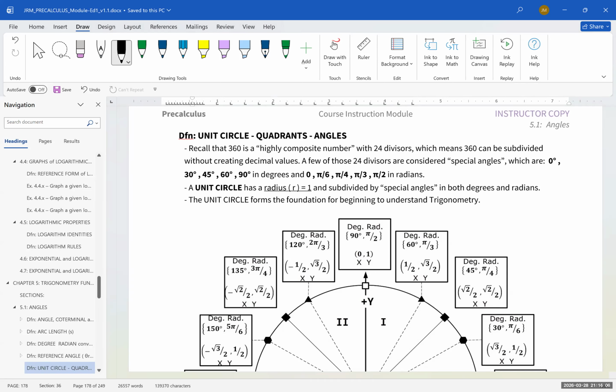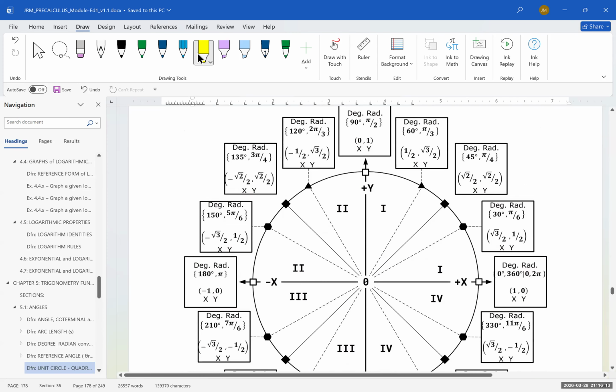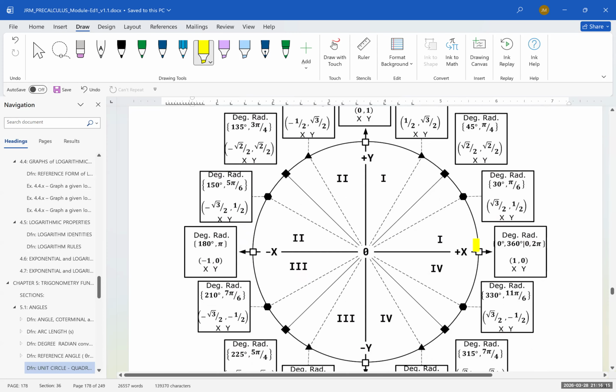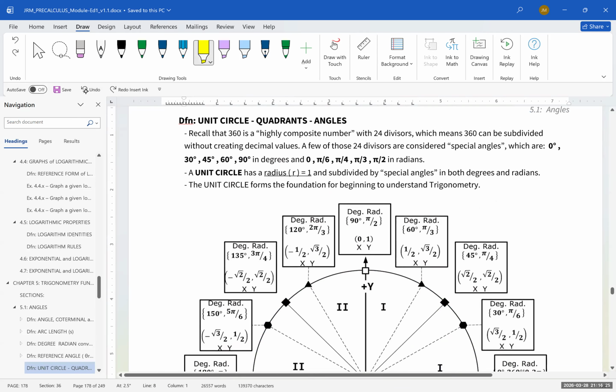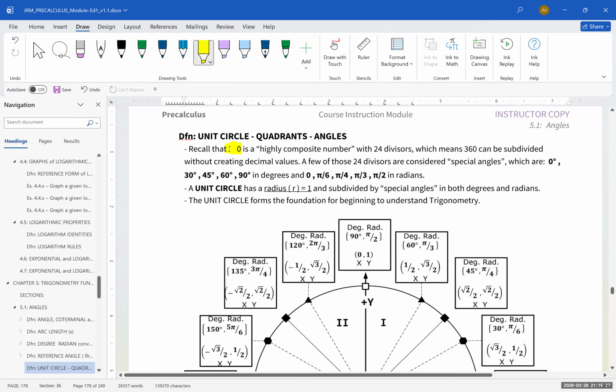Okay, so remember that the unit circle is 360 degrees. Here we've got a circle, and one rotation around the circle is 360 degrees. And remember that 360 is a highly composite number with 24 divisors, which means that 360 can be subdivided without creating decimal values.